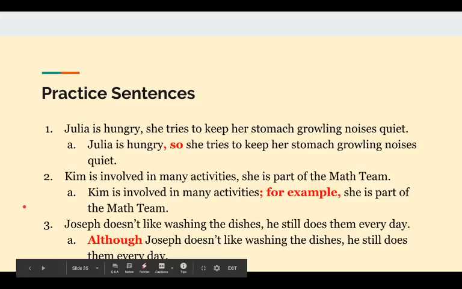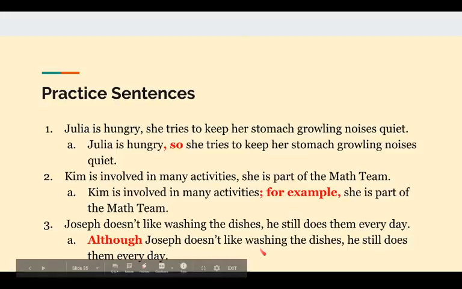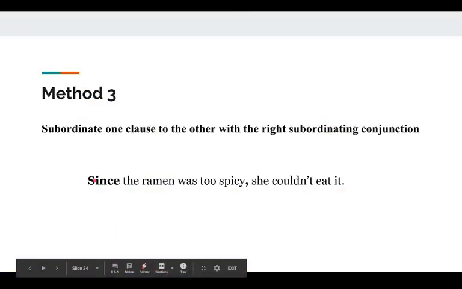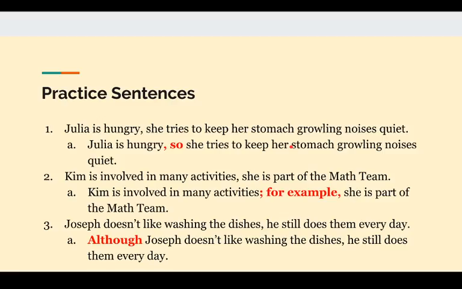The last sentence I want to go over is "Joseph doesn't like washing dishes. He still does them every day." Here the comma doesn't make sense to join these two independent clauses, so I used the third method, which is subordinate one clause to the other with the right subordinating conjunction. Again, it just means that it fits within the context of the sentence and what the sentence is trying to say.